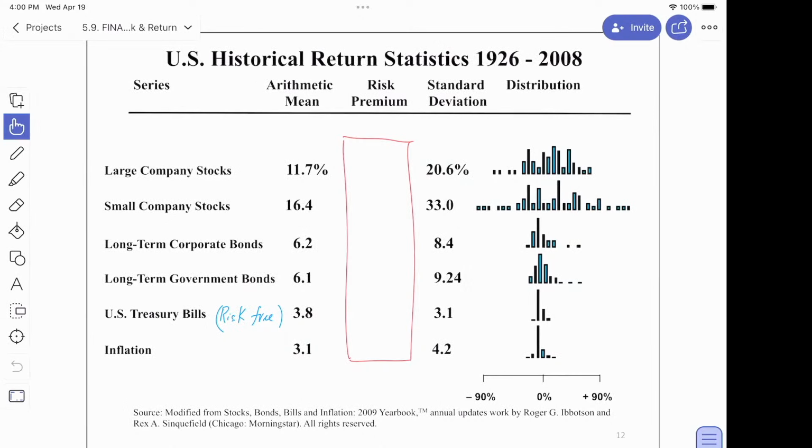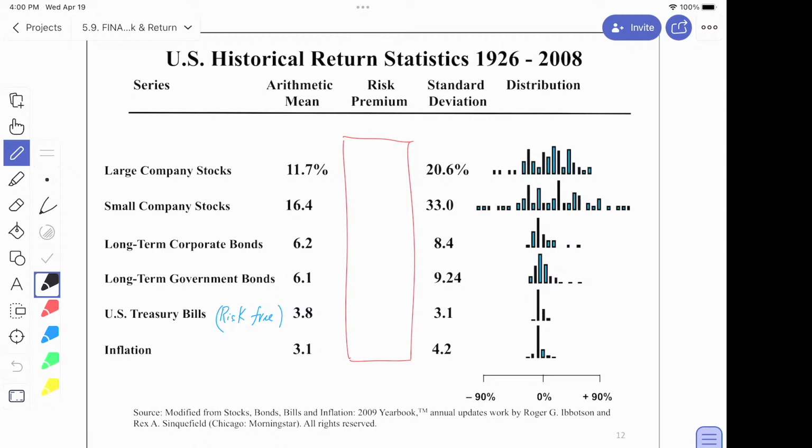So I'd asked you to calculate the risk premium for each of those different asset classes. If you didn't do it, you can do it now. When I ask you questions, if you're watching the recording, just pause the recording and attempt the problem and then come back in.